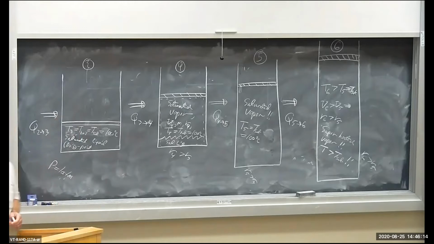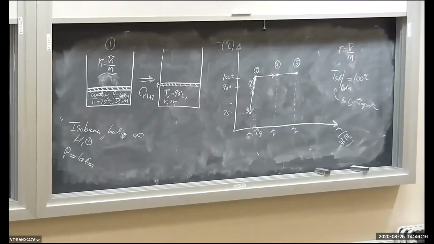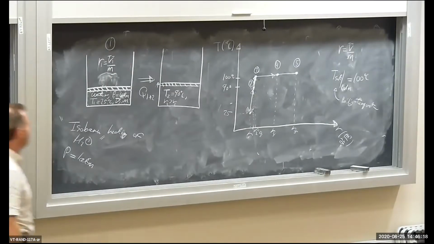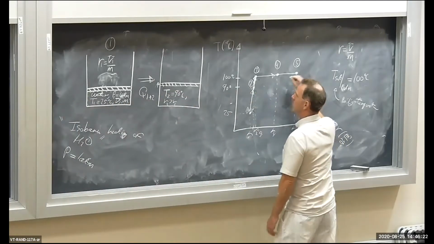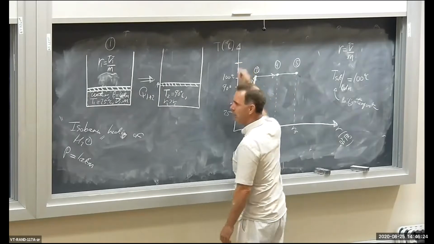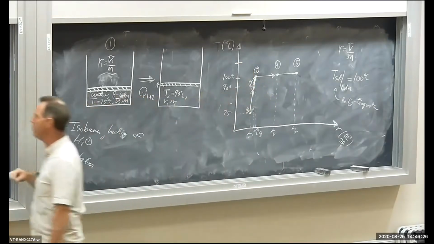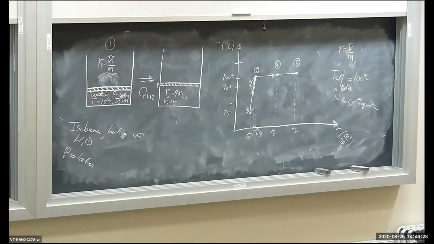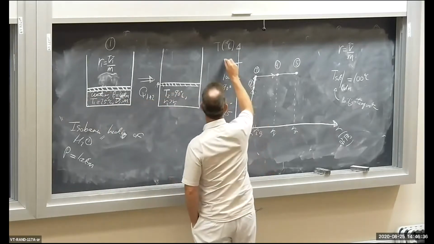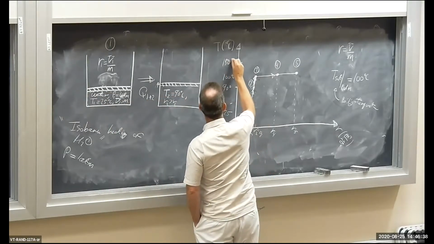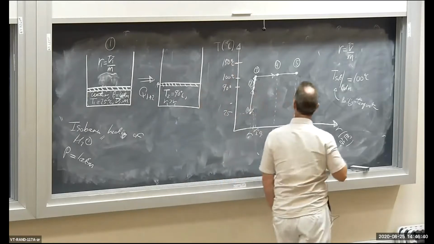Let's put this on our temperature specific volume diagram. So now we're at some new temperature. I guess I need to make a temperature up here. T6, I don't know, 150 degrees C. I'm just making something up. So let's make T6 150 degrees C, okay?